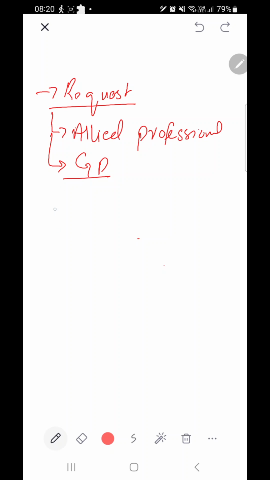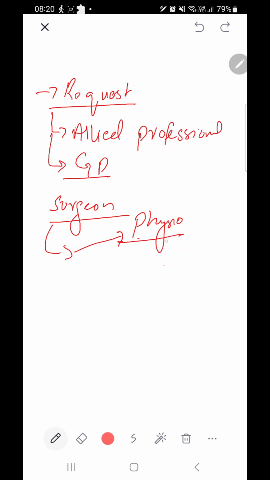Let's say if you are a specialist, let's say a surgeon, and you have performed a knee replacement surgery, and now you are writing this letter to the physiotherapist to arrange physio sessions at the patient's home. Now you are a surgeon, you are writing this letter to a social worker as the patient was depressed and social services should be arranged.